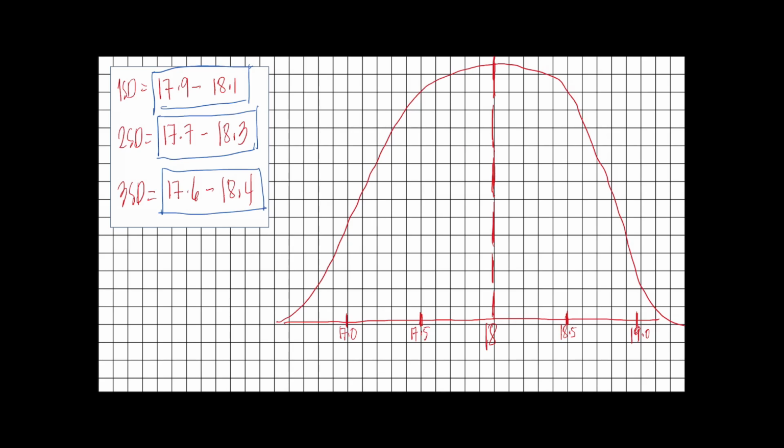For the first SD, we have 17.9 up to 18.1. These values represent the 68.3%. So this is your first SD. For the second SD, you have 17.7 up to 18.3. This second SD will now represent the 95.4% of the area.